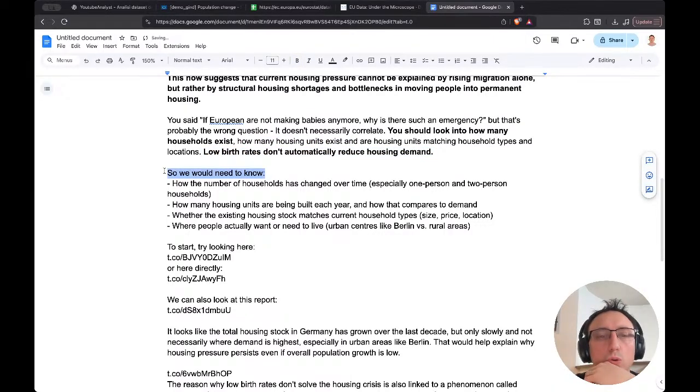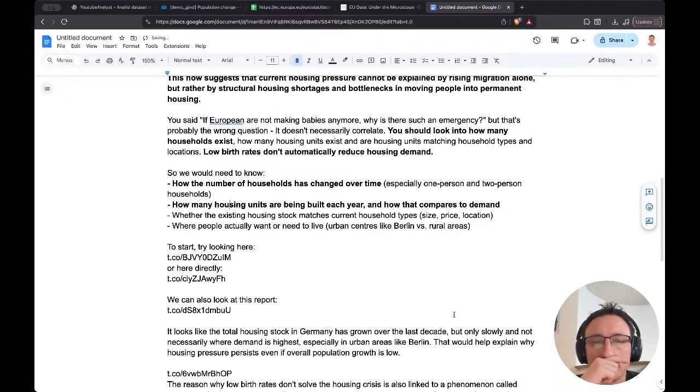So we need to know how the numbers of households change over time. How many housing units are being built each year? Whether the existing housing stock matches current household types where people actually want to live.